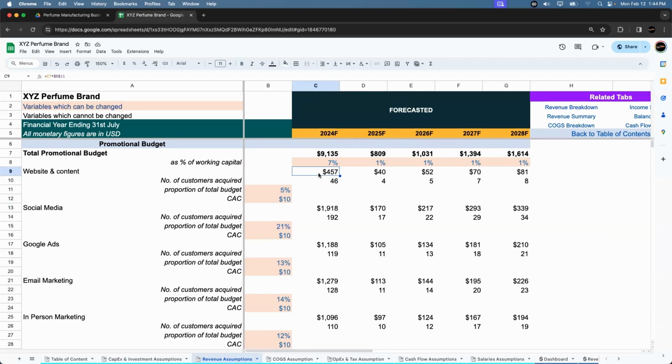So let's say you are spending $457 on website and content, and you get 46 customers from this particular channel. Then 457 by 46 gives us 10. Or in another way, we can say that 457 by 10 gives us 46.